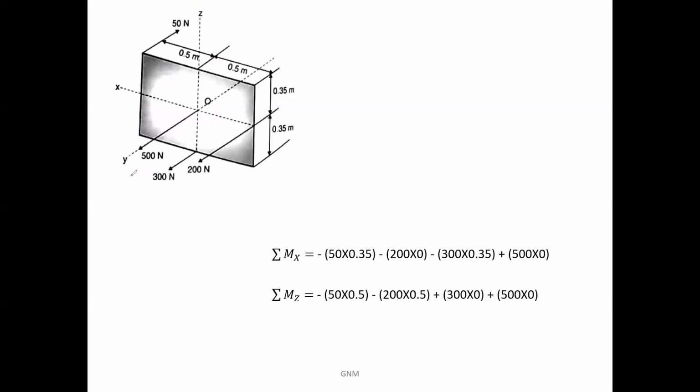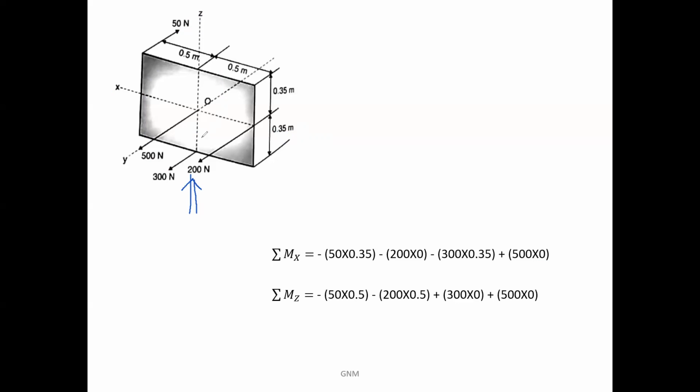Let us write now moment of all forces about the z-axis. The z-axis is here. We can look towards the diagram from vertical to downward direction. But again, for ease of writing and ease of imagination, I will assume this direction as my direction of observation.